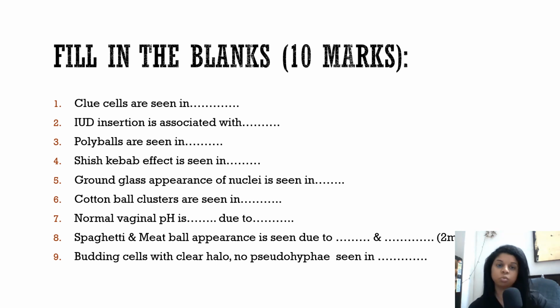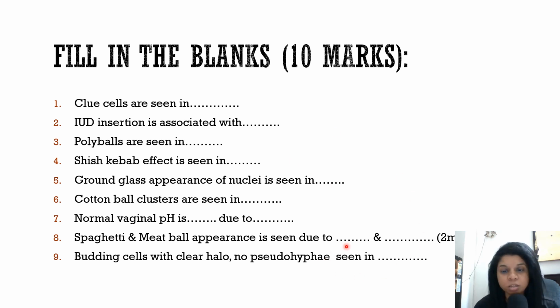The first question is: clue cells are seen in, IUD insertion is associated with, polyballs are seen in, shish kebab effect is seen in, ground glass appearance of nuclei is seen in, cotton ball clusters are seen in, normal vaginal pH is dash and due to dash, and spaghetti and meatball appearance is seen due to dash and dash.